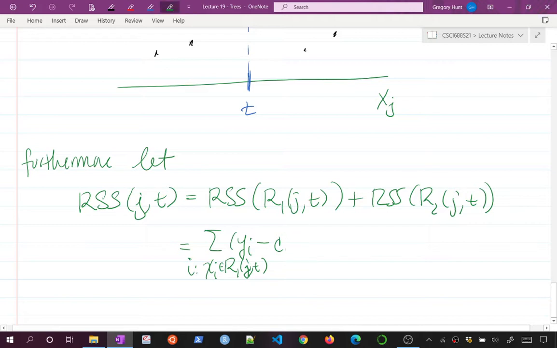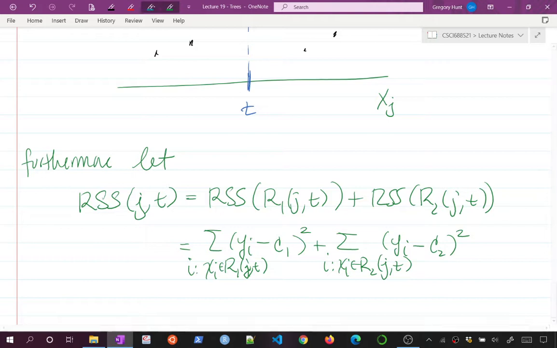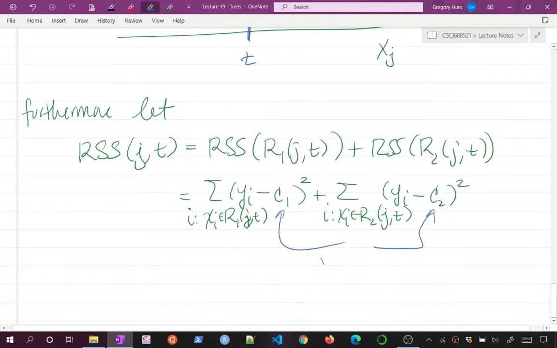Let's just call it C1, we'll predict on the left. And then the RSS for the right side is we're going to look at i where xi is in the right side, R2 j,t, and we're going to look at the sum of the squares. So C1 and C2 are the values predicted on the left and right.